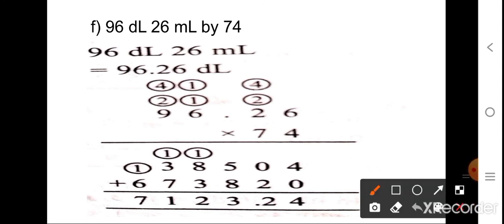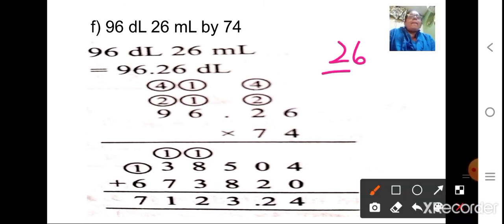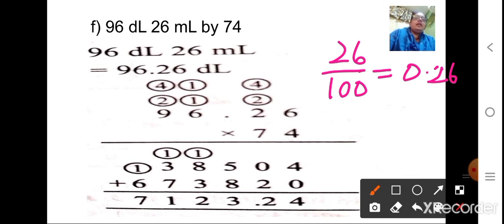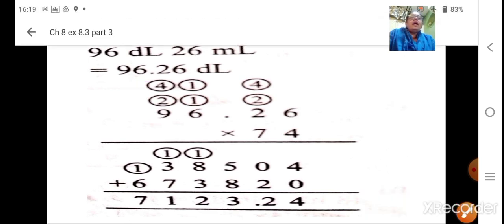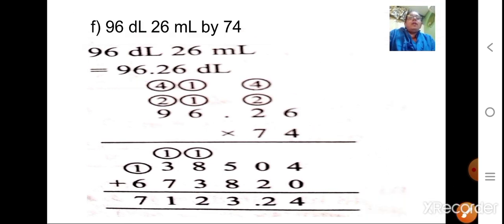This 26 upon 100 will be 0.26 deciliter. When you're writing it using a decimal point, that will be 96.26 deciliter, and after that you multiply it, the normal multiplication which you carry out, and then in the end you will place the decimal point.